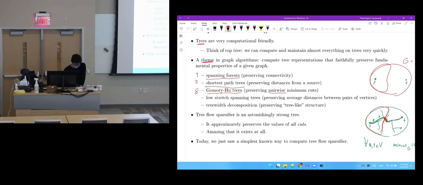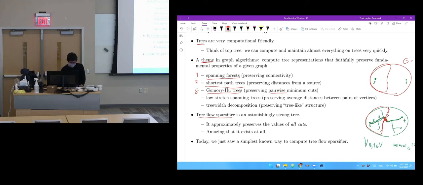And there are other trees that people try to come up with, and they're useful in different settings. You see the tree flow specifier. If it is a flow specifier, it's a cut specifier too. And this is super strong, I wouldn't believe that it exists, but it does.